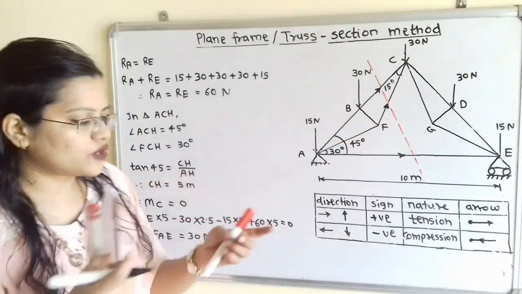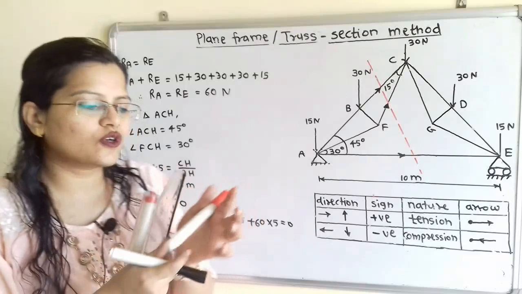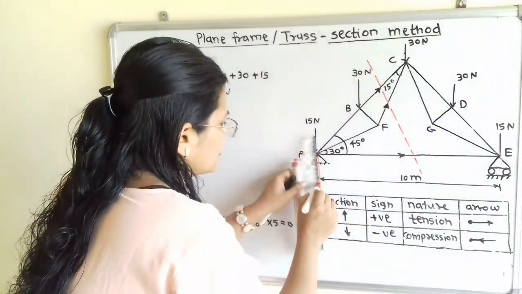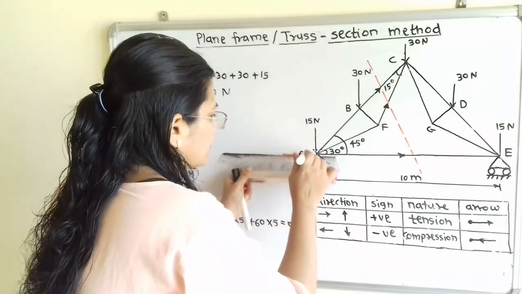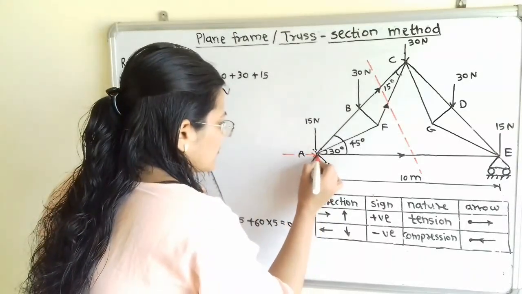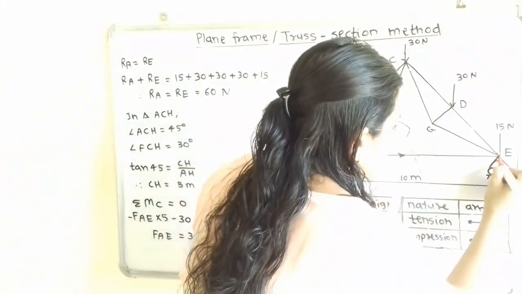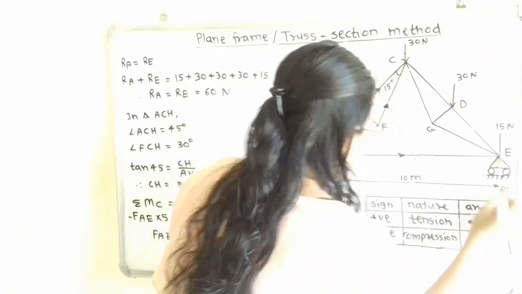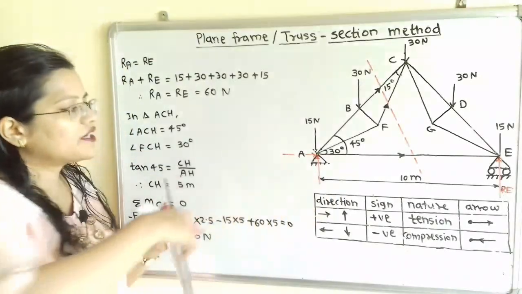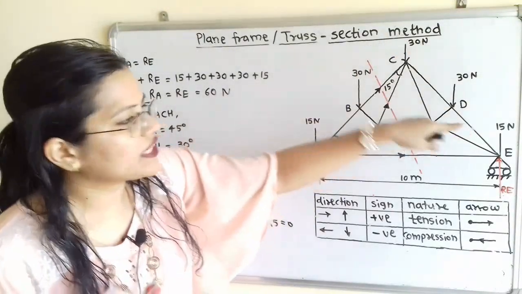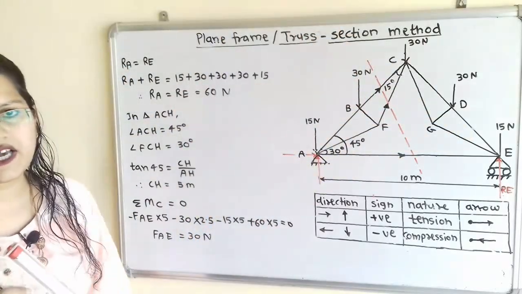Now at joint A, we have to show horizontal component and vertical component because it is hinged. So we will show here. And at E, we have to show vertical component because of roller support, known as RE. Now if we observe, all the load on the truss is in vertically downward direction.